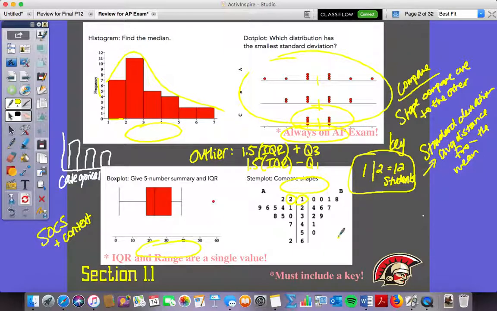Anything that falls outside of that range would be what we call an outlier. For instance, this right here would be related to the formula because it's above Q3 plus 1.5 IQR and it's outside of that value. So that would be an outlier, and we put a little dot there as far as a box plot goes.